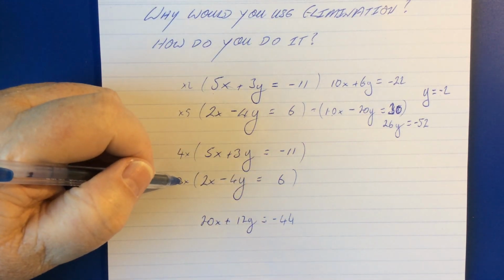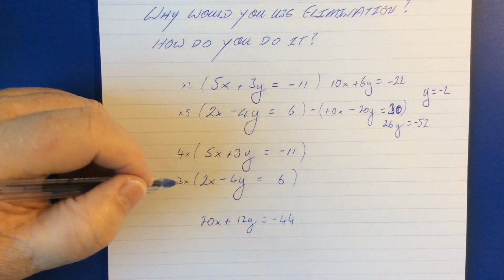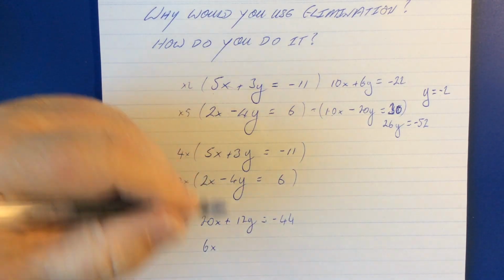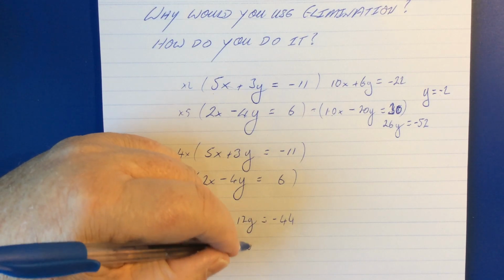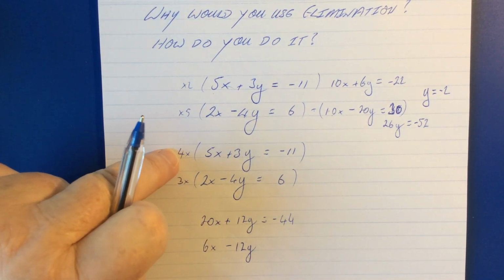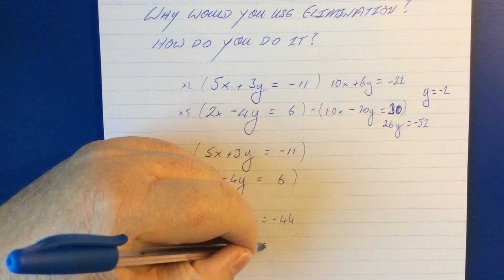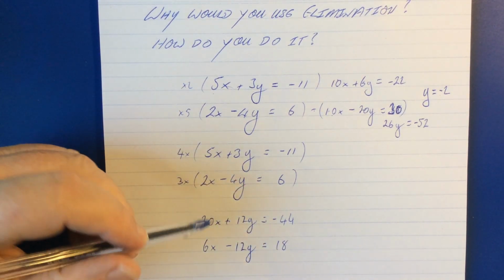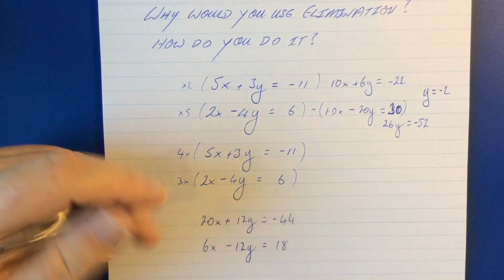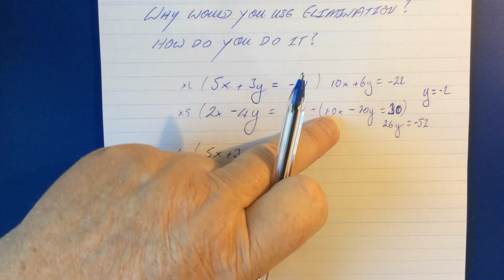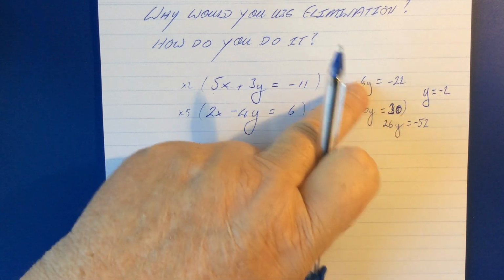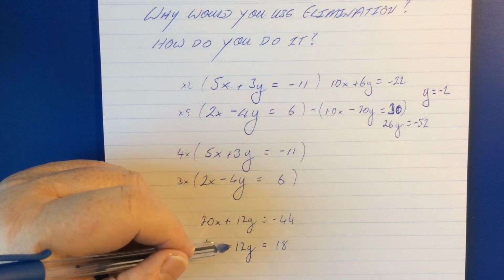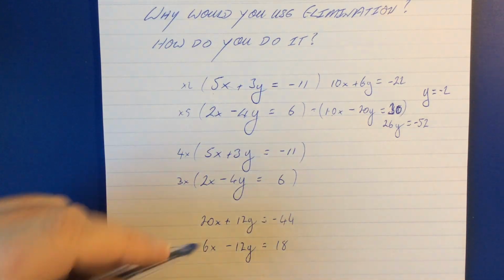Doing this to the next line, I get 3 times 2 is 6x minus 12y, you'll see in a minute why I didn't bother making this negative, equals 6 3s are 18. Okay, so up here I subtracted the bottom from the top. Here I'm just going to add them because 12y plus negative 12y makes the y's disappear.